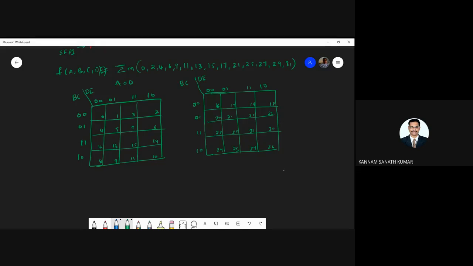So this is nothing but B bar C bar, B bar C, BC, BC bar, D bar E bar, D bar E, D E, D E bar. Now you have to write the values.